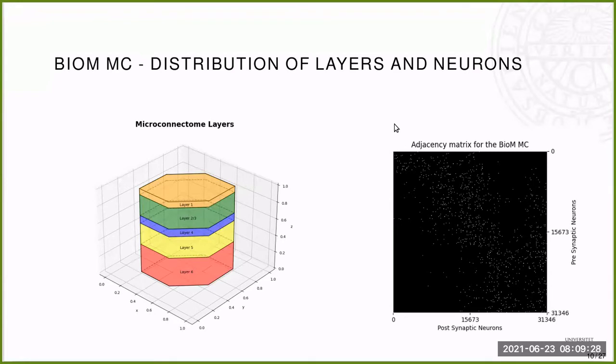For instance, presynaptic neurons from layer 4 to postsynaptic neurons in layer 4 and things like this. And we have fewer interlayer connections, so we don't have so many connections in the off diagonals, the upper and lower triangles. So we see stronger levels of connection within the layers rather than between the layers.